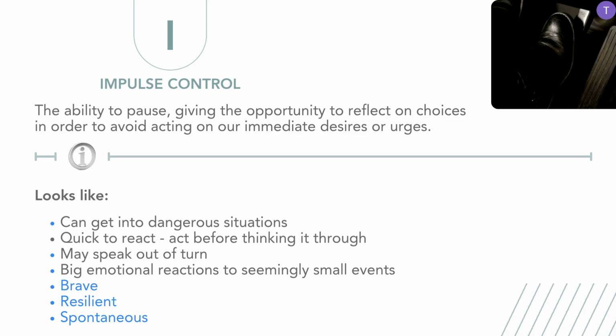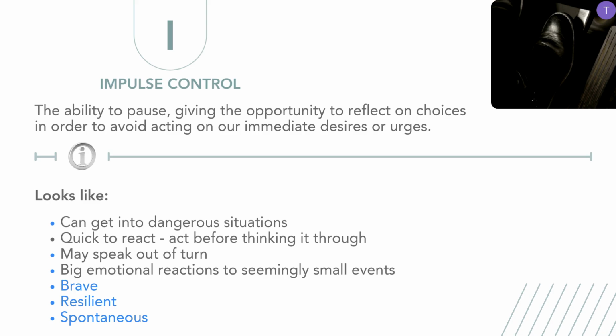The definition of impulse control is the ability to pause, giving the opportunity to reflect on choices in order to avoid acting on our immediate desires or urges. So this is pretty self-explanatory. I think most of us know what impulse control difficulties look like in class. These kids can get themselves into dangerous situations. They are quick to react.